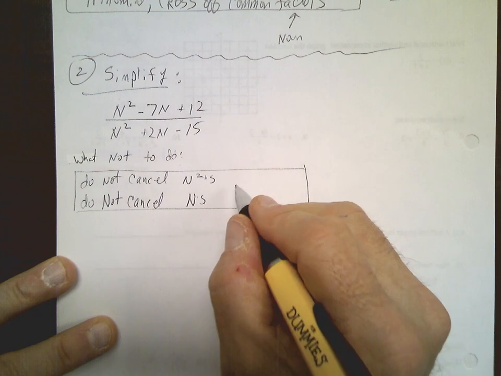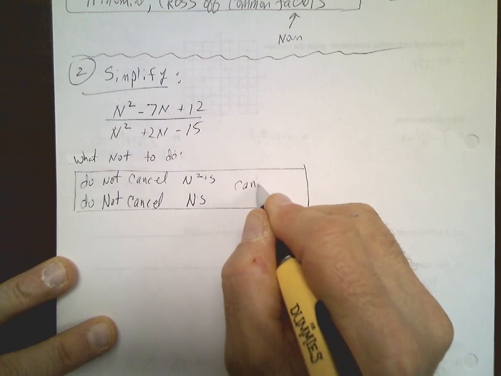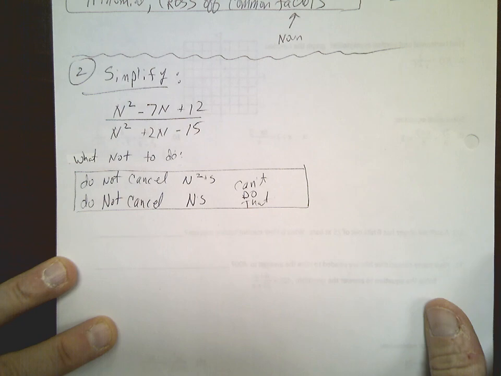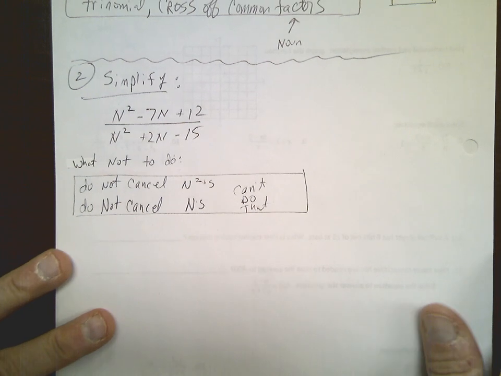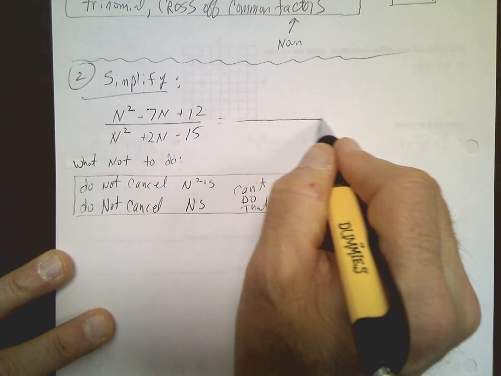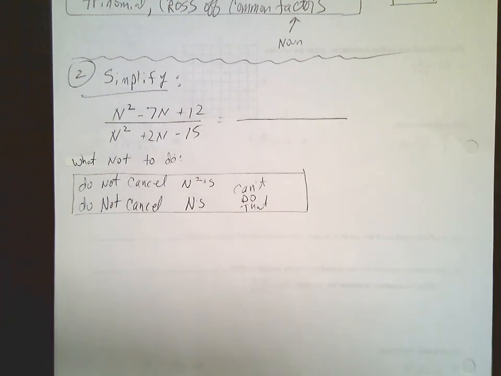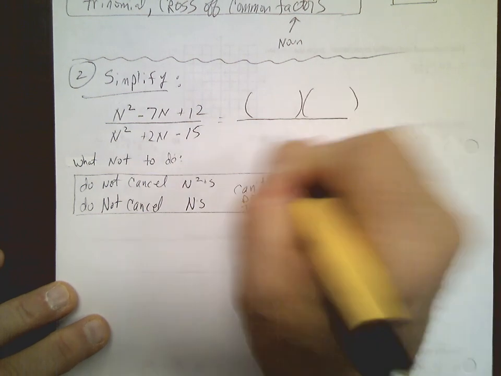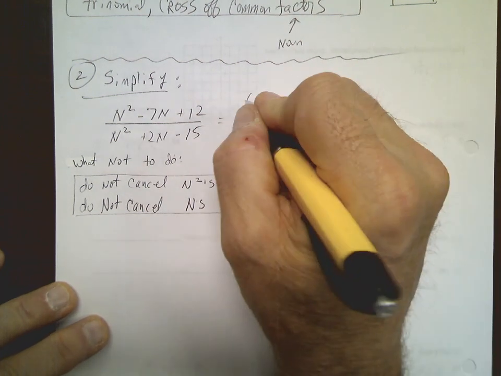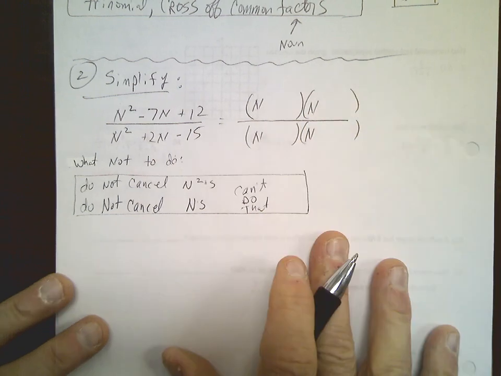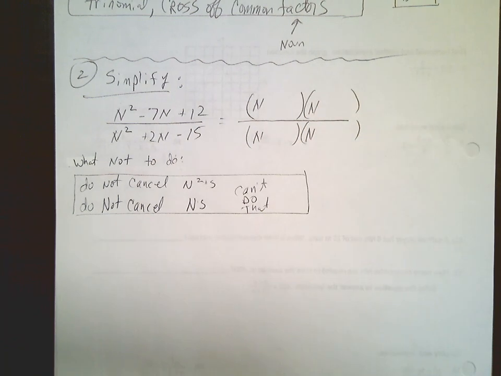Can't do that. Instead, factor the top and the bottom, and then cross off common factors.